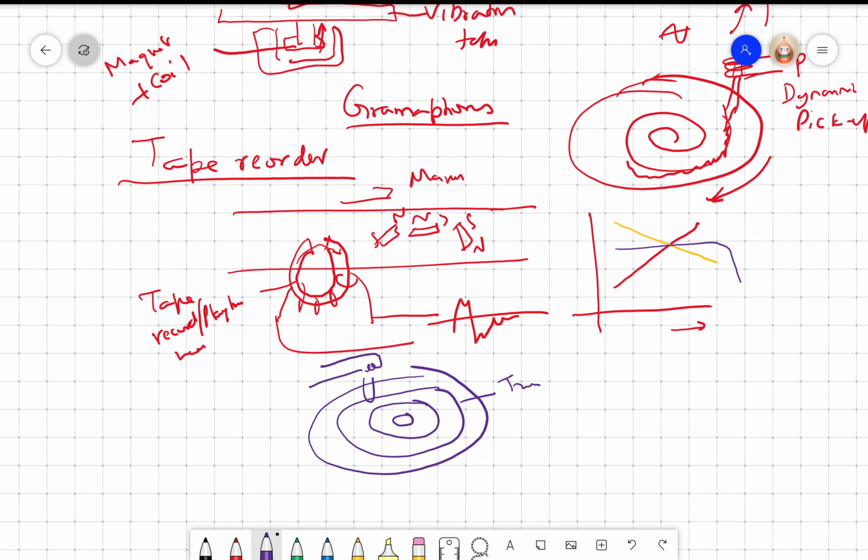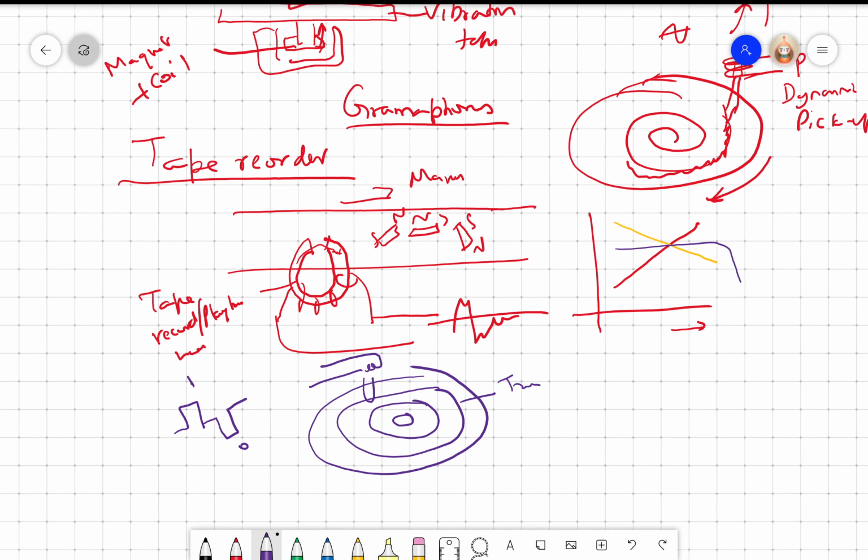You have a coil here, and if it is 1, you send a positive pulse. If it is 0, you send a negative pulse, and that gets recorded on the magnetic medium. Even today, if you have a 1 terabyte or 500 GB hard disk, the recording is done like this.